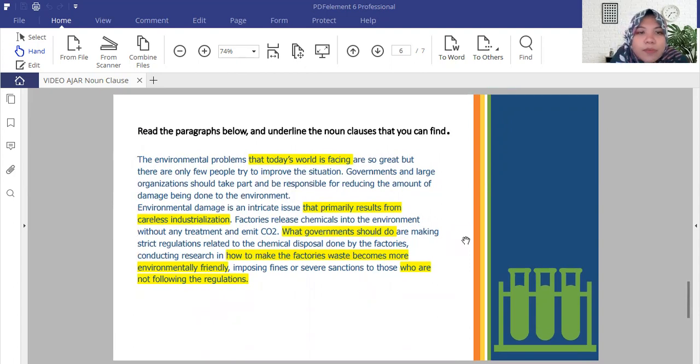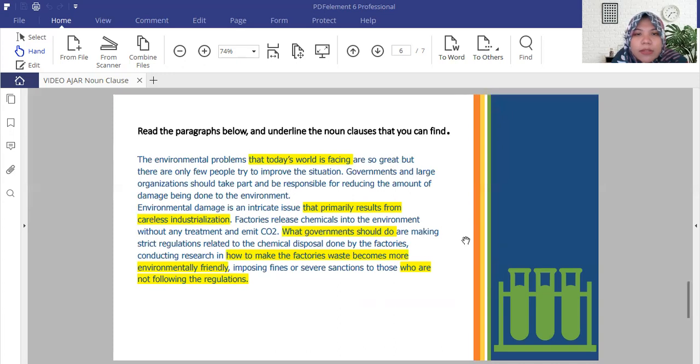The environmental problems that today's world is facing are so great, but there are only few people try to improve the situation. Governments and large organizations should take part and be responsible for reducing the amount of damage being done to the environment. Environmental damage is an intricate issue that primarily results from careless industrialization.